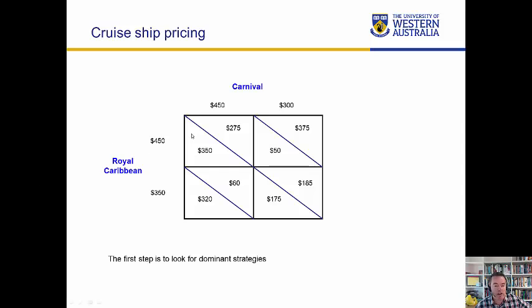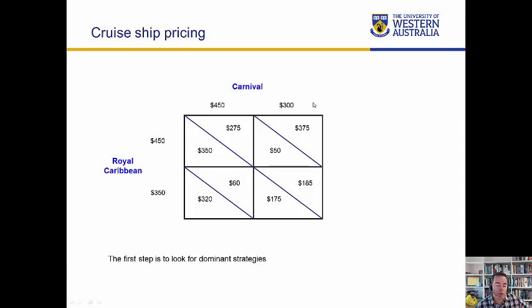If Royal Caribbean knows that as a result of these ticket prices, the profits will be approximately what they are in this payoff matrix, then Royal Caribbean will know that Carnival has a dominant strategy of $300 because that will earn them $375 million rather than $275 million, and 300 will earn Carnival 185 million rather than 60 million.